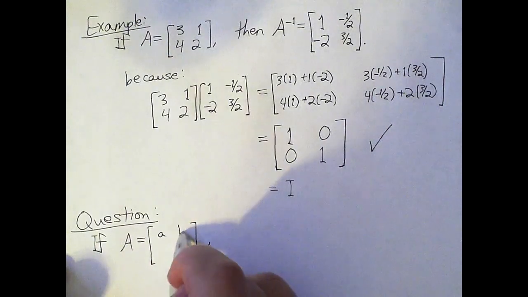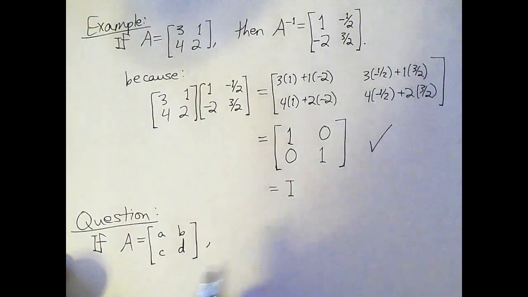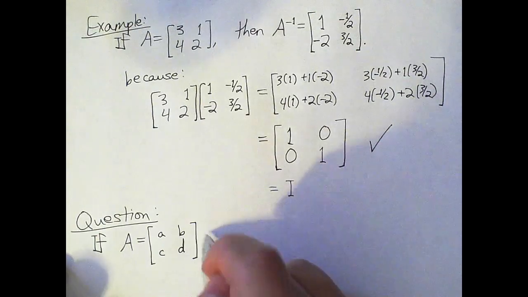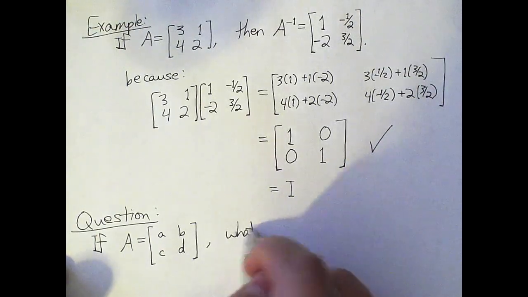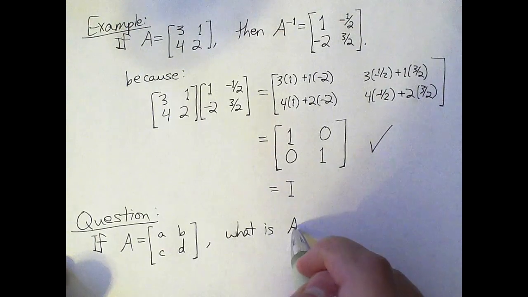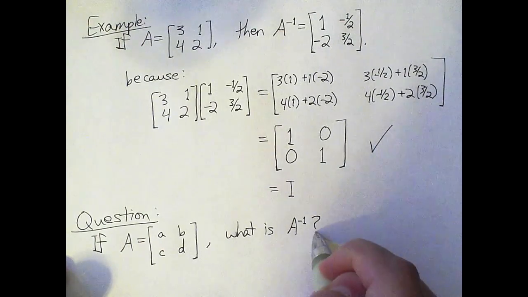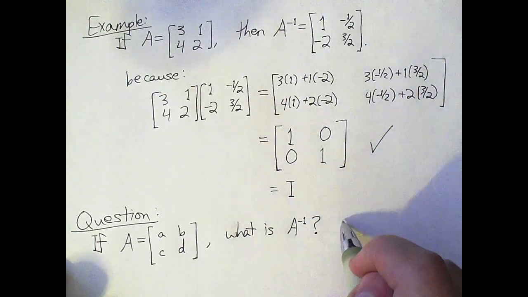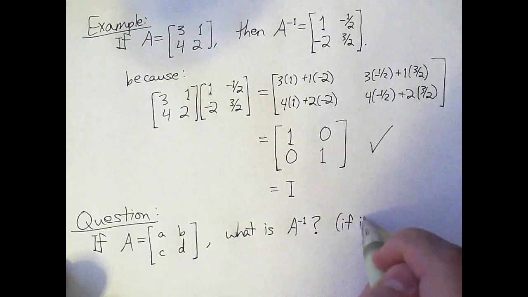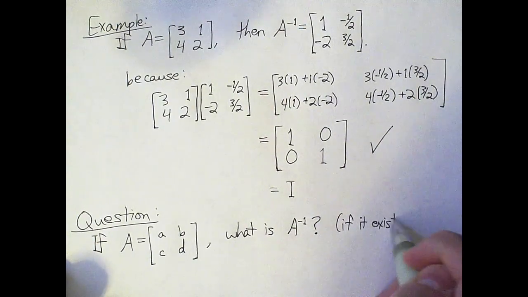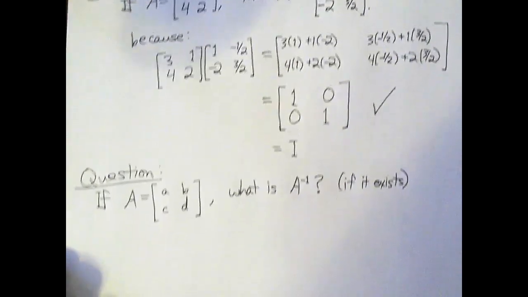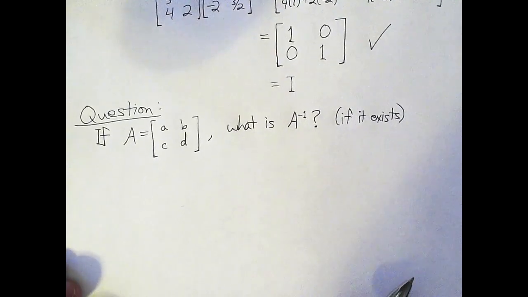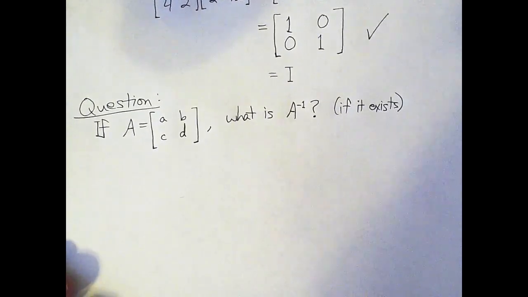We're going to call this A, B, C, D. So if A is a 2 by 2 matrix with entries A, B, C, D, what is A inverse? Keeping in mind that not every matrix has an inverse. So it's implied that we mean if it exists. Maybe along the way, we're also going to find out how to tell if a matrix is invertible or not.